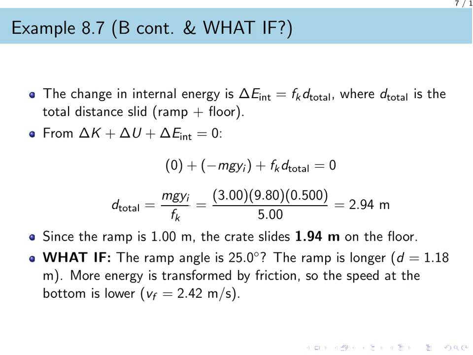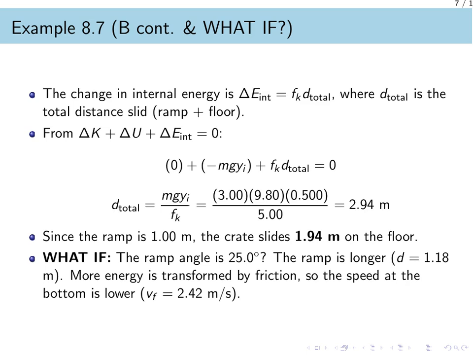Continuing with the solution for part B, the only remaining term is the change in internal energy, delta E internal. This is equal to the friction force, F sub k, times the total distance slid, d total, which includes both the ramp and the floor. Our energy equation, delta K plus delta U plus delta E internal equals 0, simplifies. Since delta K is 0, we have negative mgy initial plus F sub k times d total equals 0.